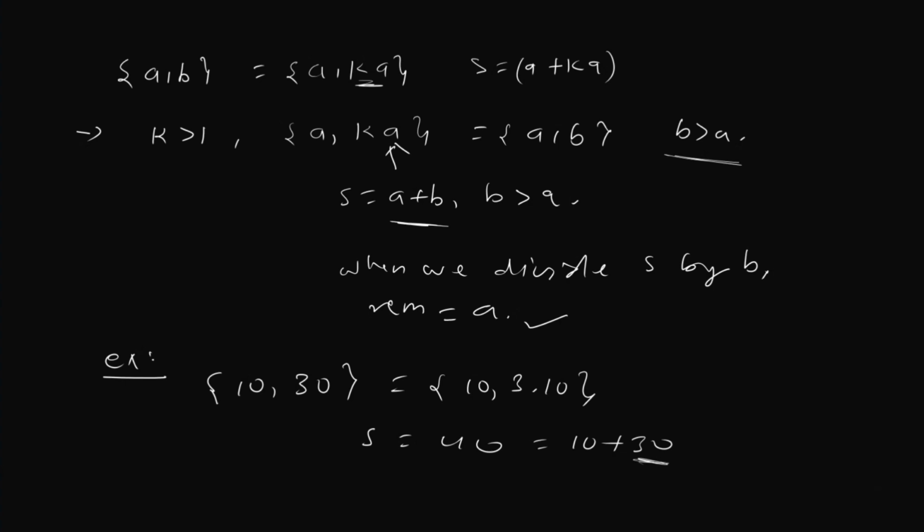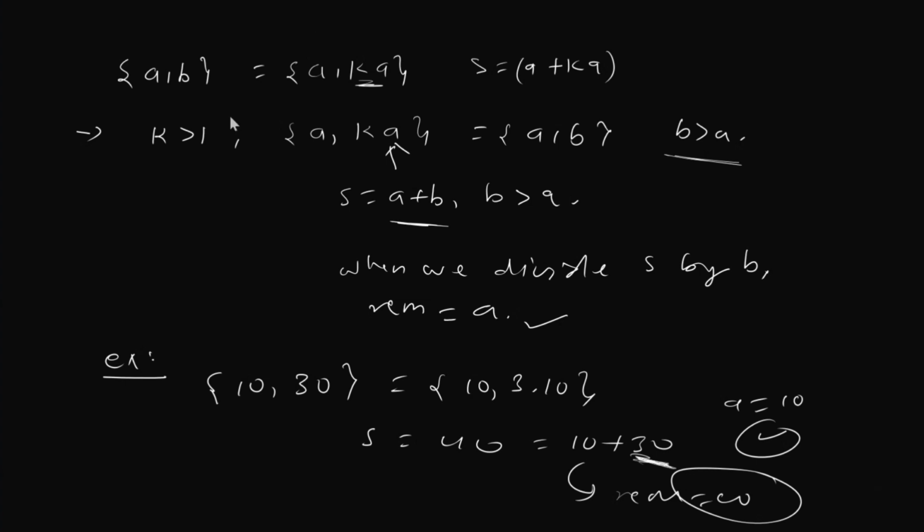It is for sure divisible by 10. But when we divide it by 30, we are going to get remainder 10. So we can't build an array when we have to build an array of size 2, and we have to take two different elements, where one is a multiple of the other, and which is larger than the other.